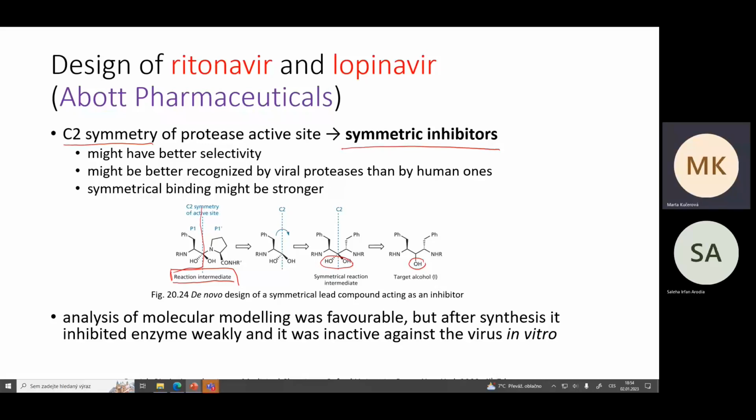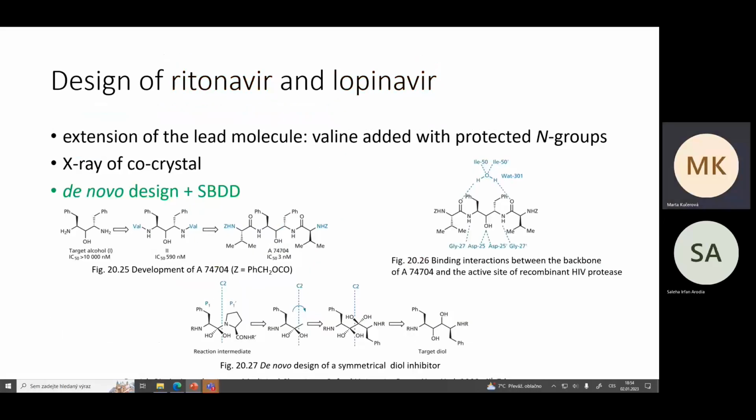So this was the starting point from the C2 symmetry. However, we have here a chiral center. And the molecule was optimized in combination of de novo design and structure-based drug design.